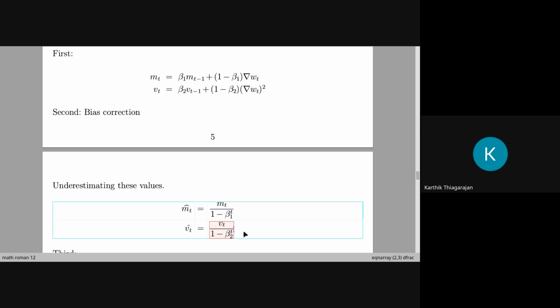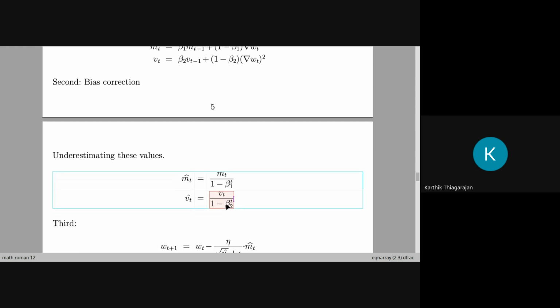Now, what will happen when you are like 100 time steps into the algorithm? This will be negligibly small compared to one, right? So it will no longer impact M_t hat. In fact, M_t hat after 100 time steps will be nearly M_t. Same is the case for V_t hat, because once you reach that many time steps, your window has also moved, right? So you're no longer underestimating these values, you are estimating them correctly.